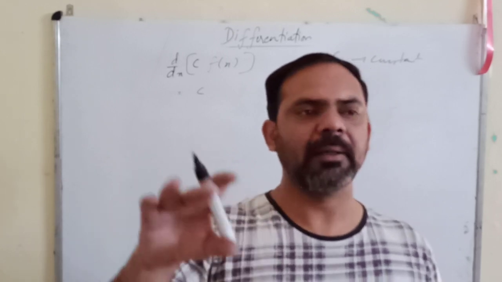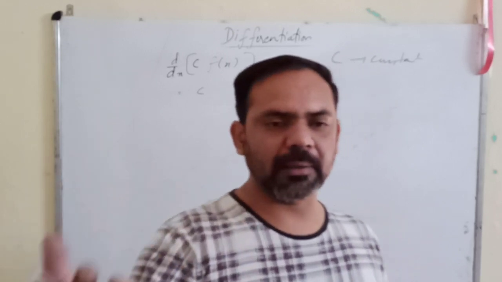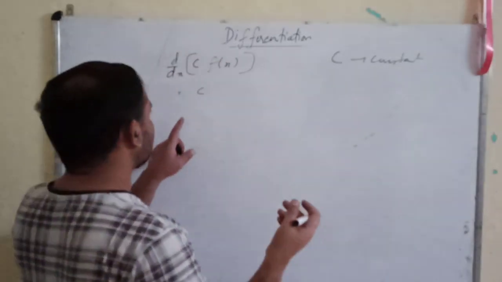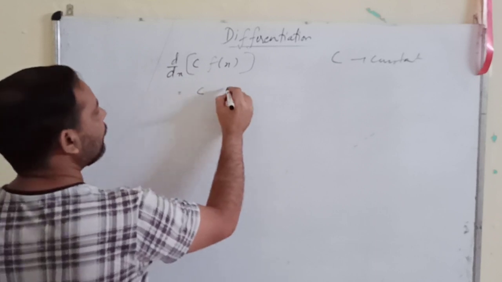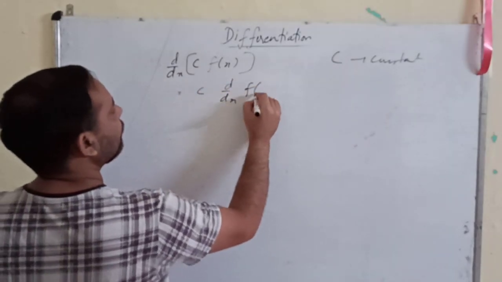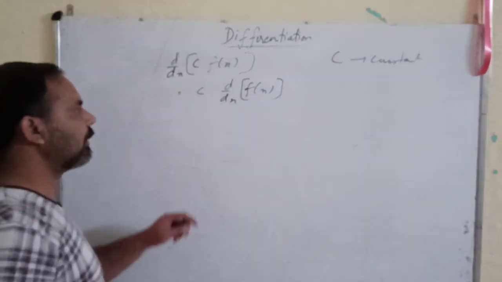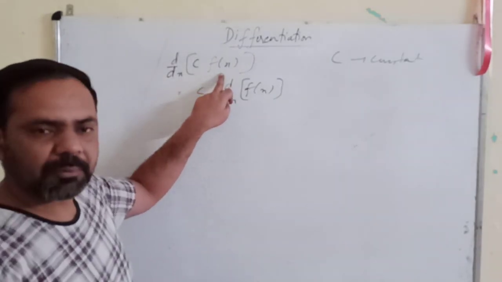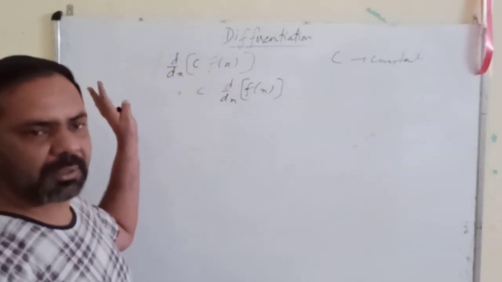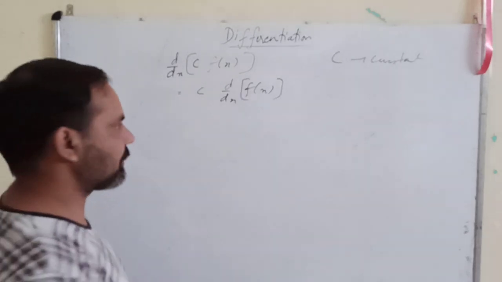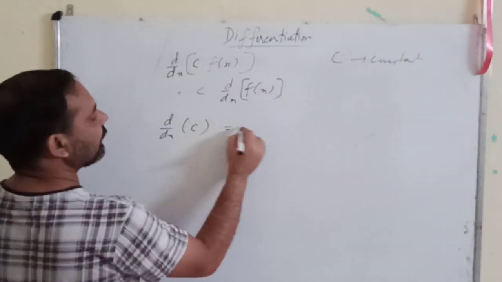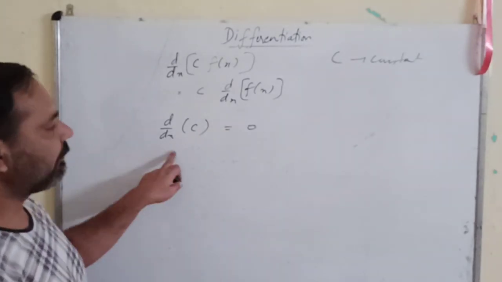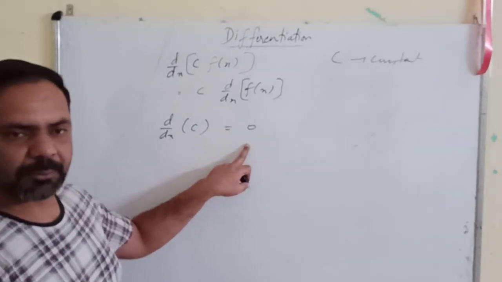If a constant is there, there will be no change in the image. So you take it outside, and take d by dx of f of x. If a constant is multiplied to a function, simply take that constant outside and take the derivative of f of x. Then d by dx of a constant only will be 0. Derivative of a constant is always 0.